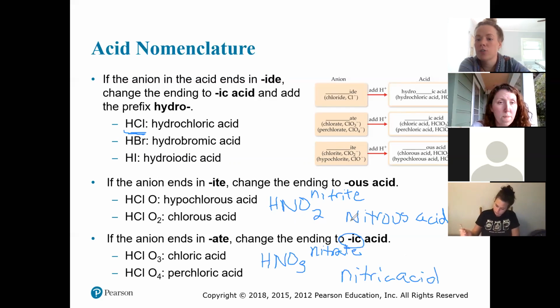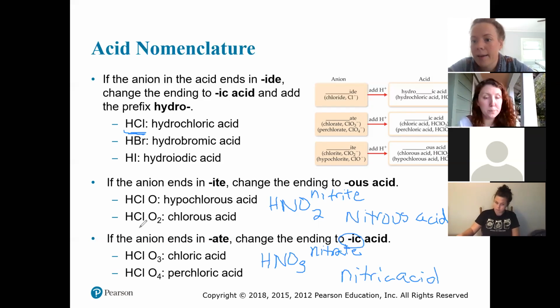Yeah, we don't call it hydronitrous acid. We just call it nitrous acid. The hydro only goes for binary acids. These are called oxyacids. So a binary acid is just when you have two things, like a binary star system. An oxyacid is when you have an oxyanion in it.